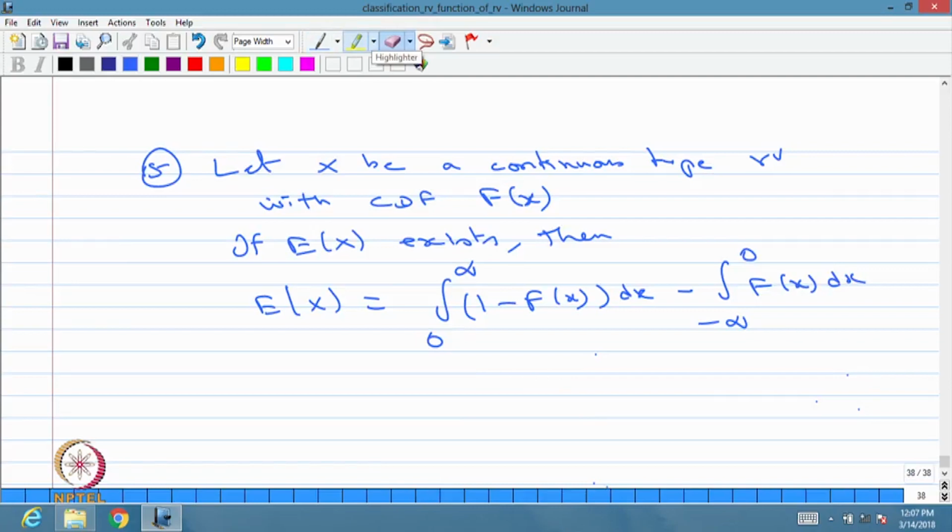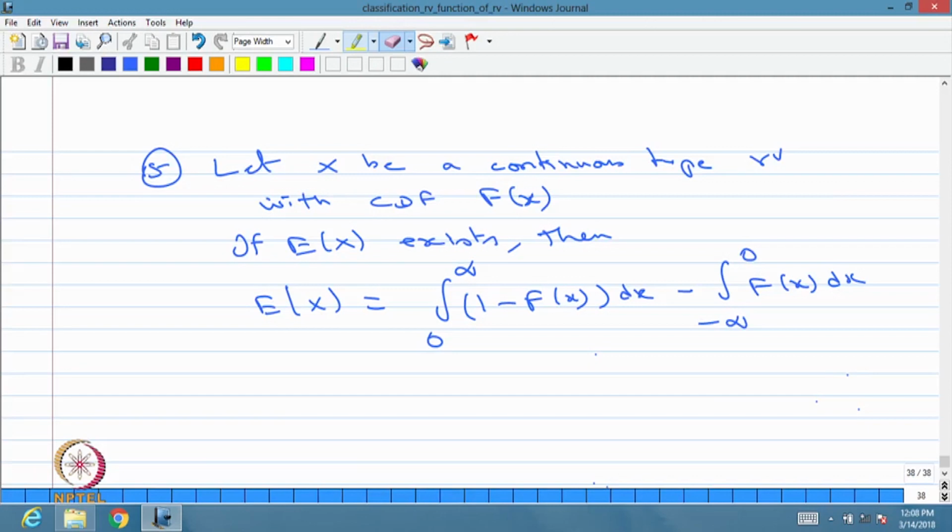This is a very important result. Whenever you have a continuous type random variable with the CDF capital F of x and the expectation exists, then you can always find the value with the help of CDF. You do not need the probability density function of that continuous type random variable.